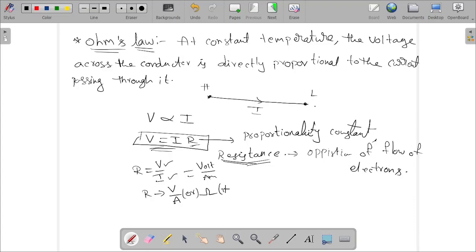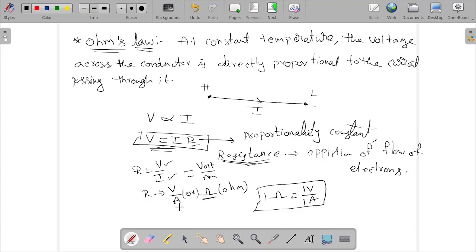This is the symbol of ohm. So 1 ohm equals 1 volt per 1 ampere, which is the definition of 1 ohm.